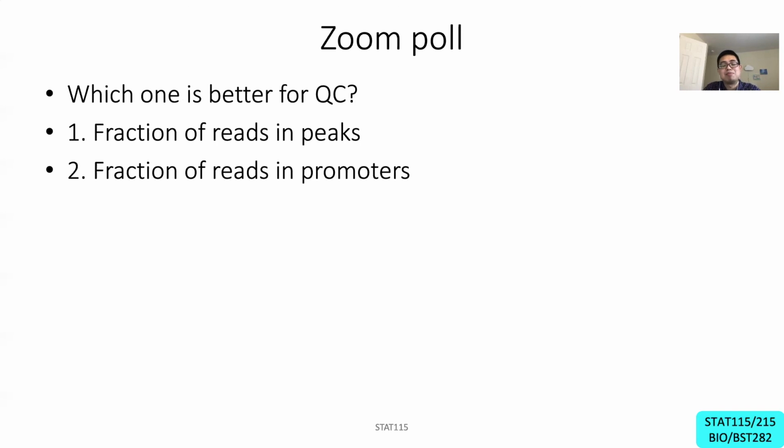And the number of peaks in a pseudo bulk can vary a lot by tuning the parameters. If you loosen the stringency a little bit, you can get a lot more peaks, and then you get a higher fraction of reads in peaks. But the fraction of reads in promoters is relatively constant. So I tend to use fraction of reads in promoters. So I vote for that.